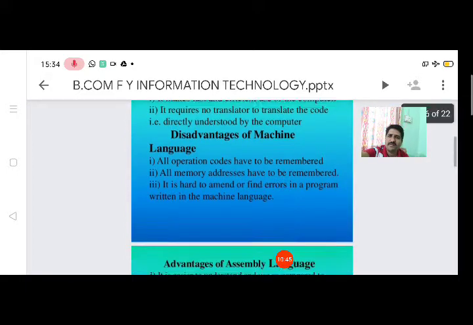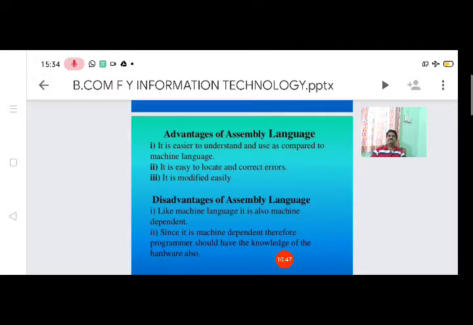Then the second type is assembly language. Assembly language was developed to overcome some of the many inconveniences of machine language. This is another low level but very important language in which operation codes and operands are given in the form of alphanumeric symbols instead of 0 and 1.